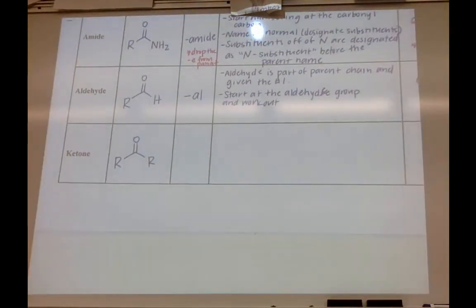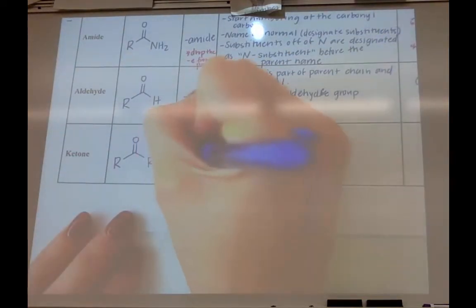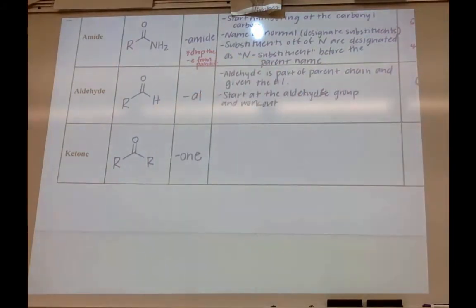Notice how it was a more complicated molecule with the carbonyl carbon, and we're working our way down priority, and now all we have is that carbonyl carbon. The ending for a ketone is ONE. So ketone has its own ending.